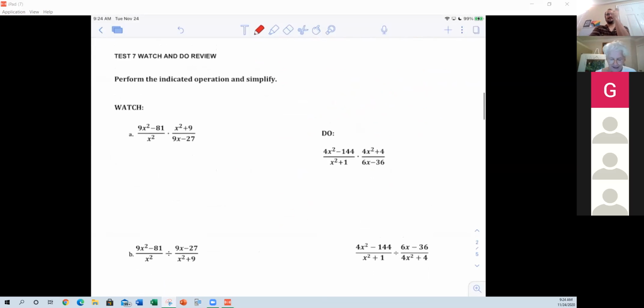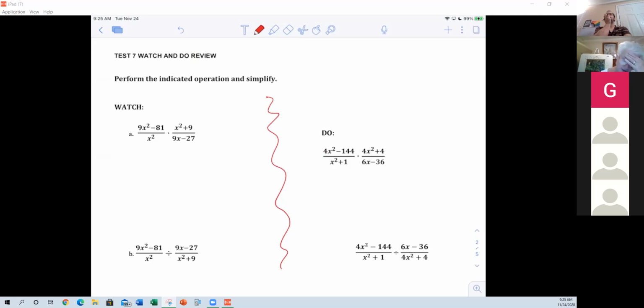Okay, so then, just FYI, I did this on the test as well, so be watching for this. First of all, I'm going to have a multiplication problem: 9x squared minus 81 over x squared, times x squared plus 9 over 9x minus 27.